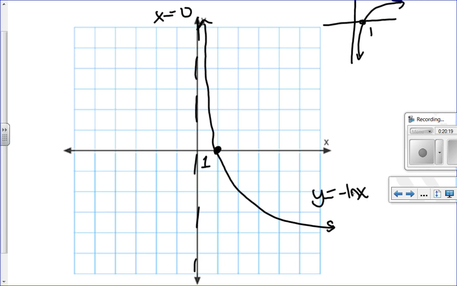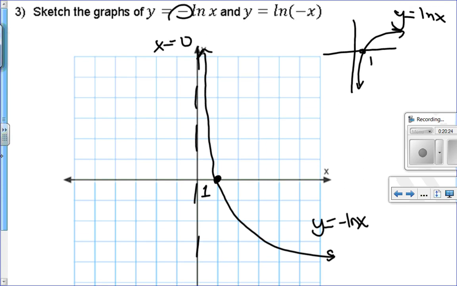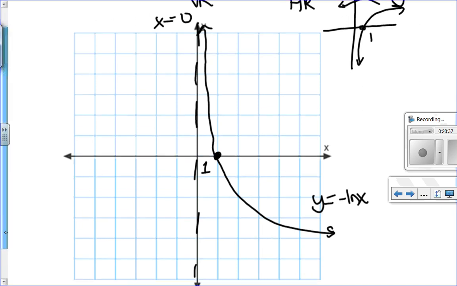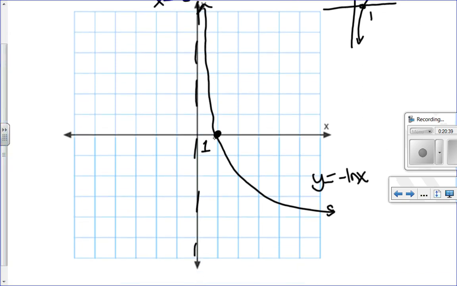Now the other graph that I want to do is ln of negative x. And all that is a horizontal reflection. So this one was a vertical reflection. This on the inside is a horizontal reflection. So this graph is going to be reflected over here, about the y-axis. So the asymptote doesn't change, but the x-intercept does. It goes from 1 to -1.